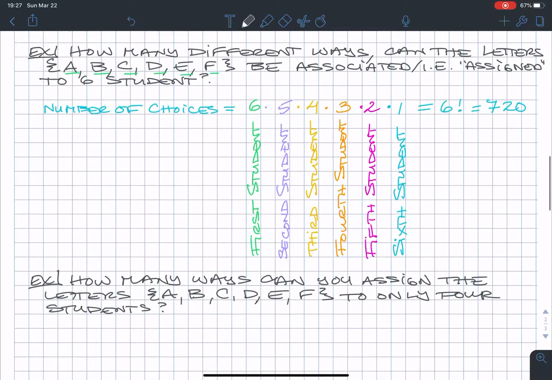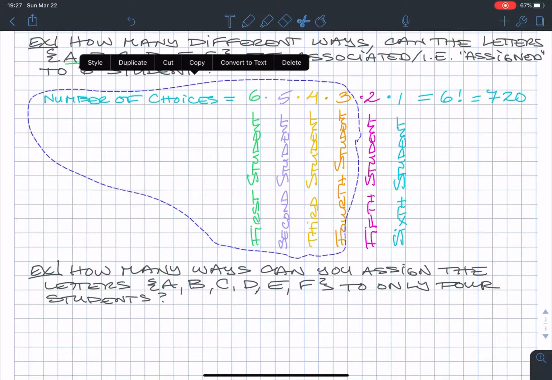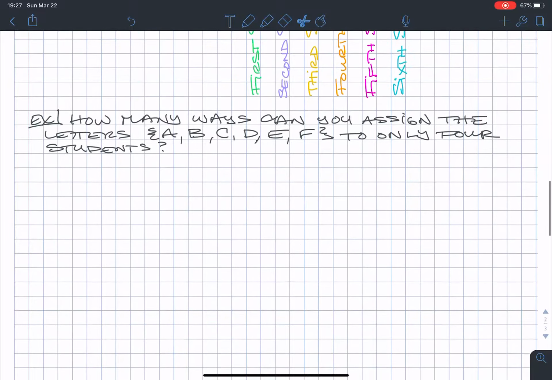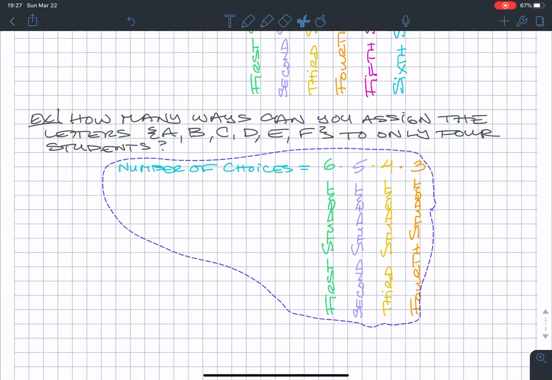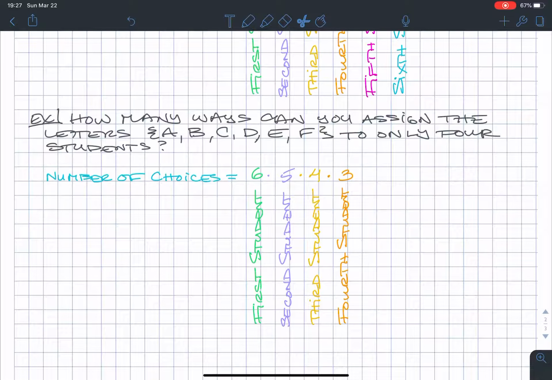Well, I could go ahead and just copy the first 4 students here, right? Let's copy all of this till I get to the 4th student, because we only have 4 students in this case.